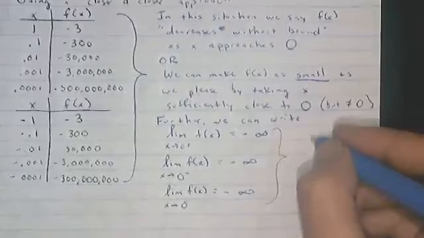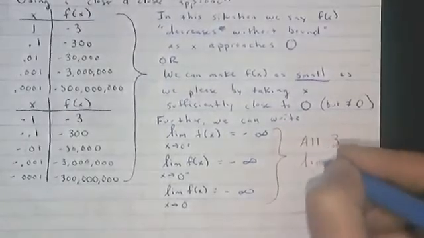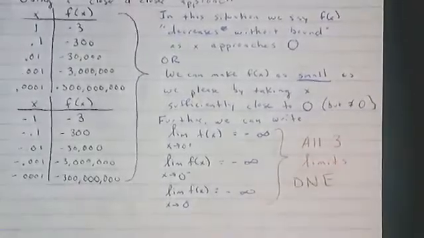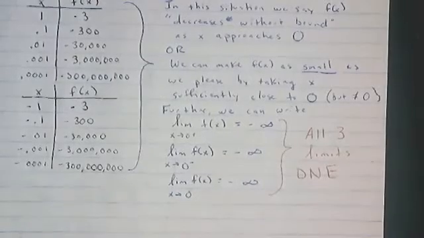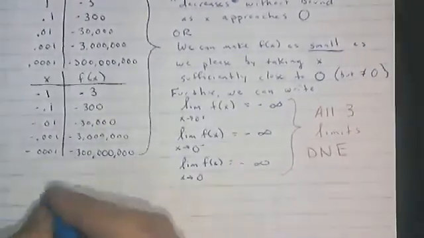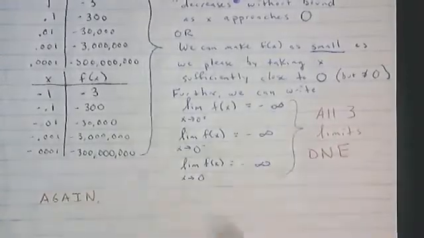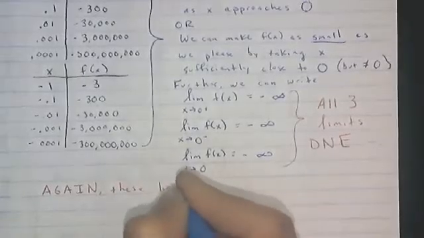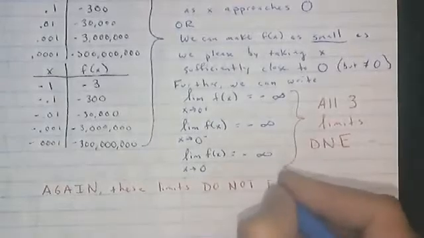Just as on the other side, we need to be super clear. All three limits here do not exist. Despite these statements we're writing that appear to say that they equal negative infinity, they don't exist. Limits do not exist. And that's just so crucial that we embed that into our brains. We're going to write it again in red. These limits do not exist.